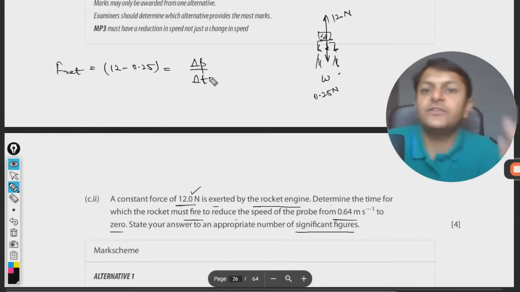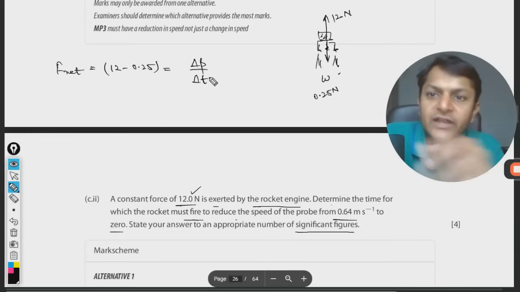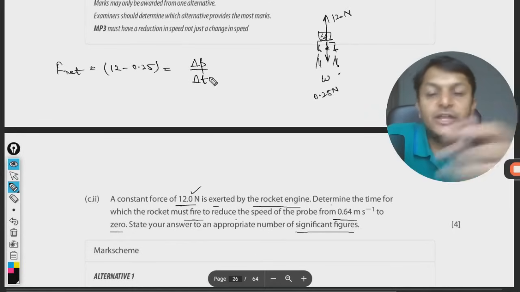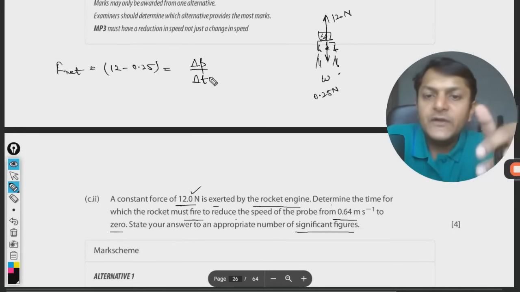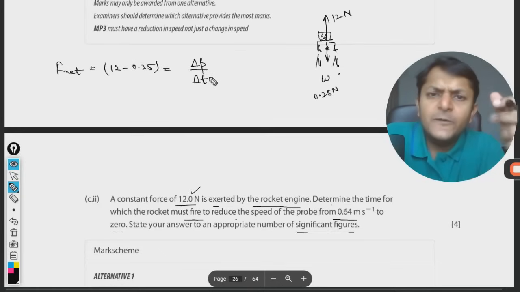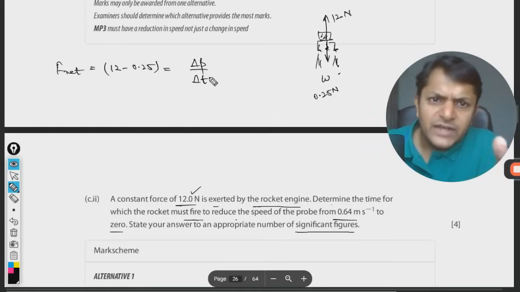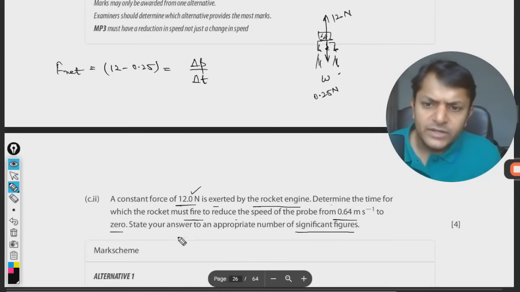See, in these kind of cases, you can apply the Stewart equations. You can find like force is there, you divide it by the mass of the probe, and you would be finding the acceleration or the retardation with which it is going down, and accordingly you can apply the Stewart equation. You can do that, but usually this method is better when, wait a minute, we have to determine the time.